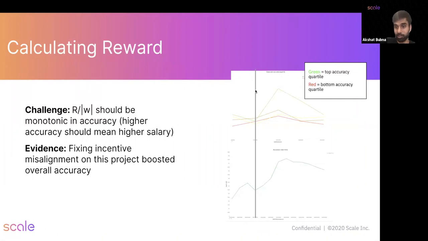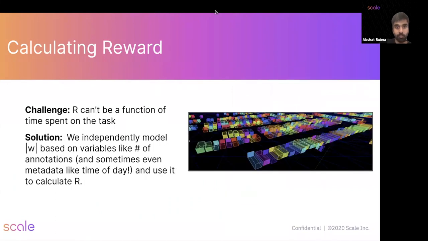The graph over here shows the quartiles of accuracy and how much they're getting paid. And there was an inversion where the top accuracy quartile was actually not making much money. And so accuracy in the project was low. When we fixed the incentive misalignment, accuracy went way up, as you'd expect.